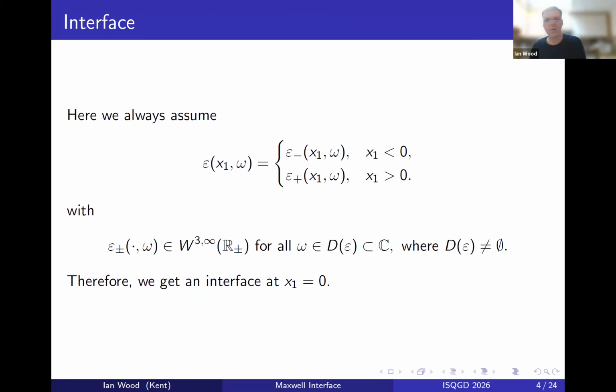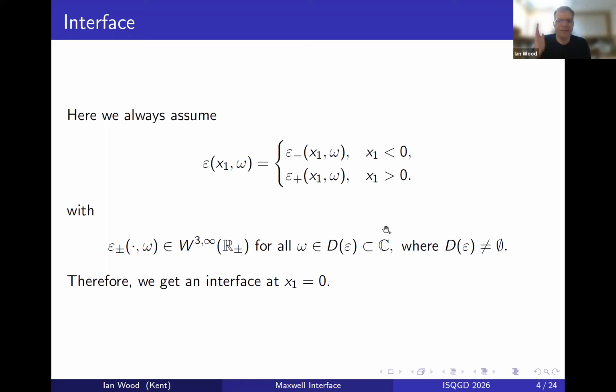Right, so more generally, what are we going to assume on the epsilon? We've got the two half spaces, and we're going to call the epsilon in the left half space epsilon minus, and in the right half space epsilon plus. And then we're going to assume this maybe slightly strange looking smoothness assumption on epsilon plus and epsilon minus. Interfaces appear in this model essentially through discontinuities of the epsilon, right?